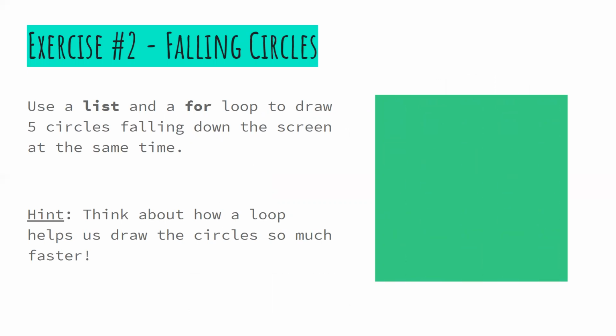Now try drawing the circles by using the loop. That's the main task of this exercise. You're going to have around 10 minutes for this exercise, and now you all take to your breakout rooms. If you have any questions, please do reach out to your mentors.